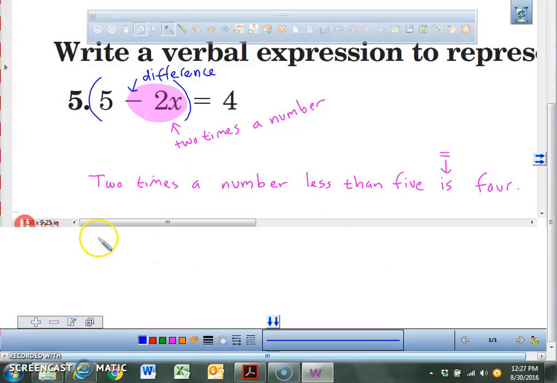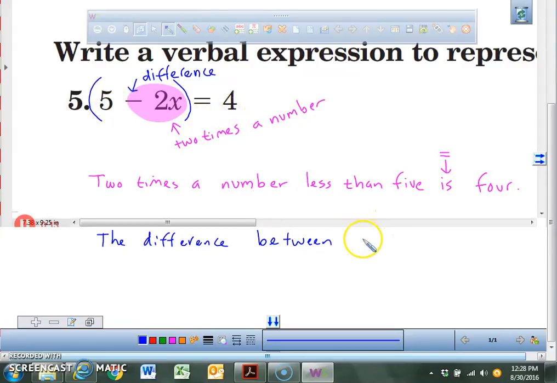All right? So I want you to also write this down as the difference between. And whenever you write the words "the difference between," Garrett, you always go in order.